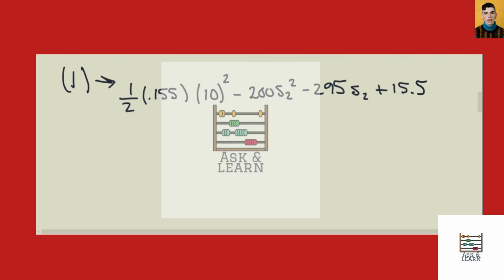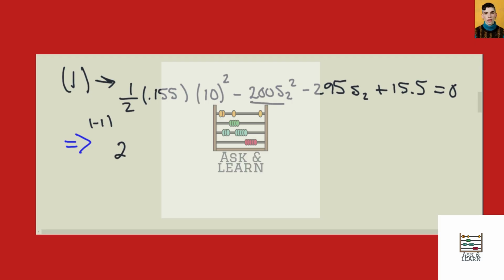So again, this is all equal to 0. So combine like terms again. And then multiply by a -1 just to make this negative 200 positive.